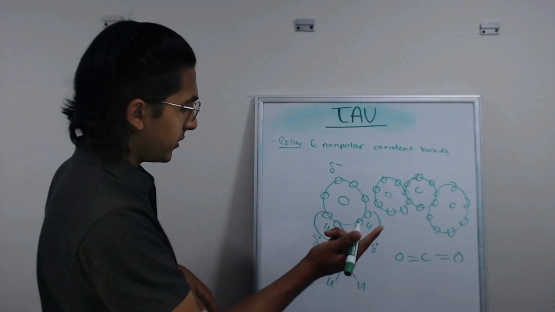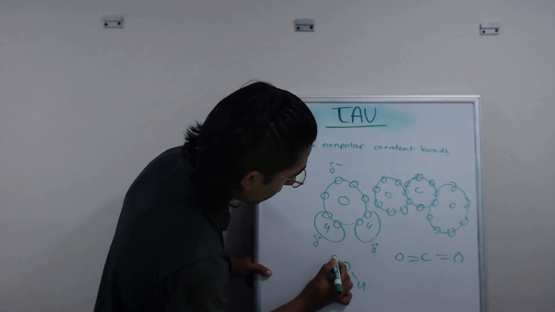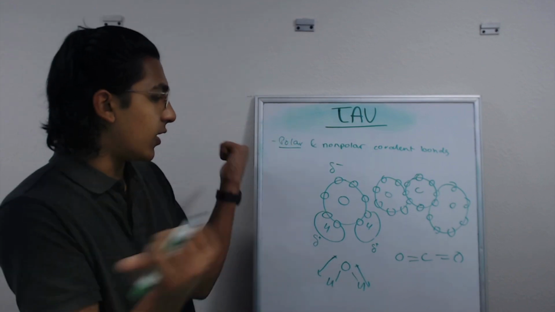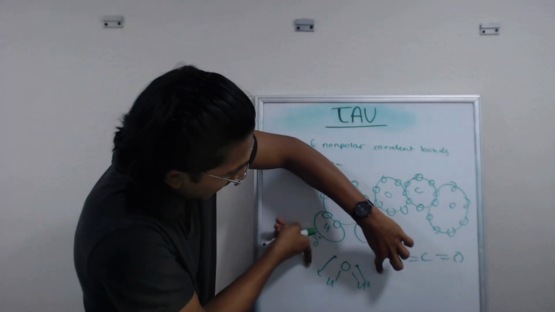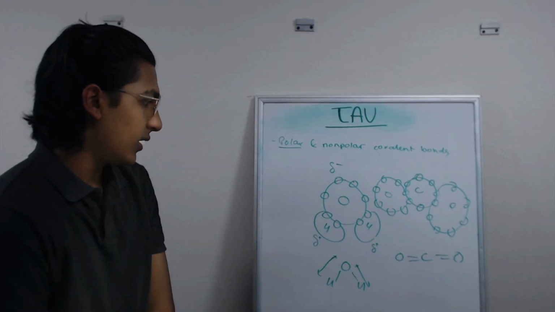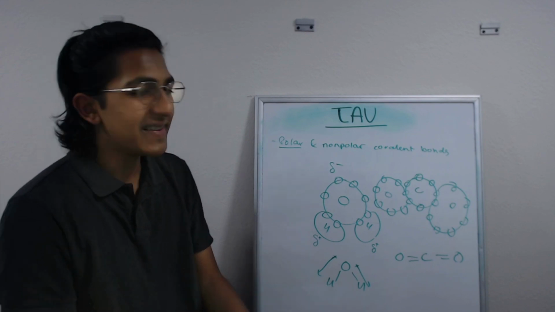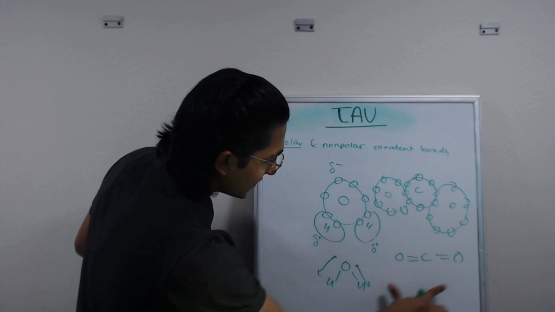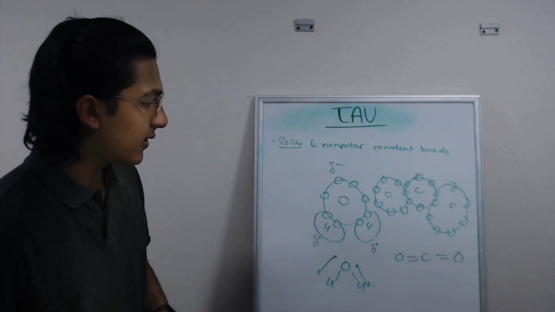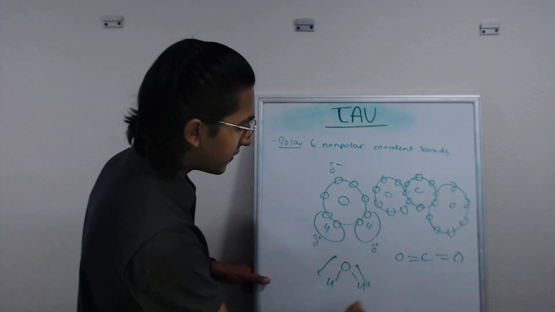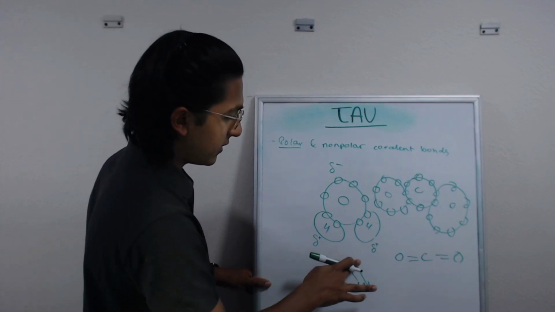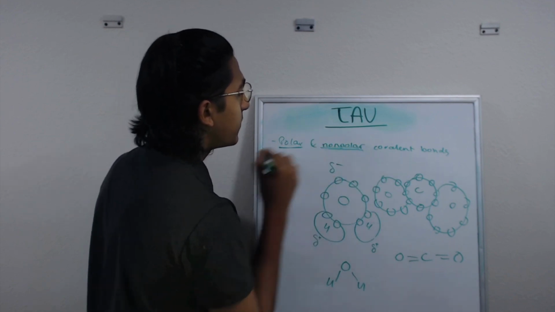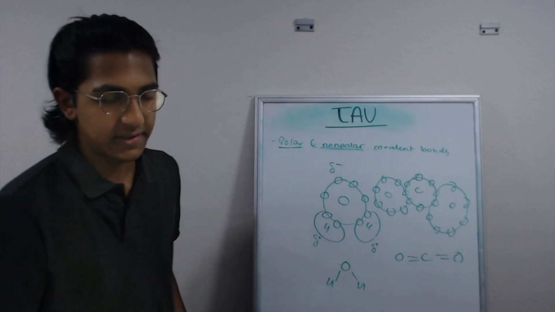However, when you look at water's oxygen, both of these are not going in opposite directions. In fact, they're both tending to lean towards the same direction. This is what we call the asymmetry of the molecule. If the molecule does not have equal symmetry like CO2 and is asymmetric, then it forms a polar covalent bond. CO2 would be a non-polar covalent bond, no charges.